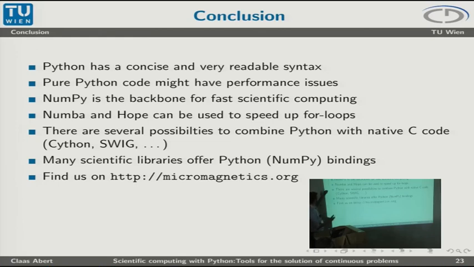Then I showed you that if you can't avoid for loops, there are tools where you can stay in the Python world but get more or less the performance of C. And I showed you some possibilities how to get your C code run in Python. And then many scientific libraries have some kind of NumPy support. So this is really kind of a standard nowadays.